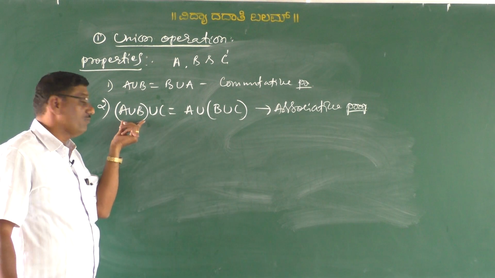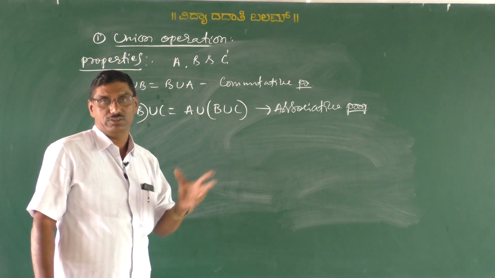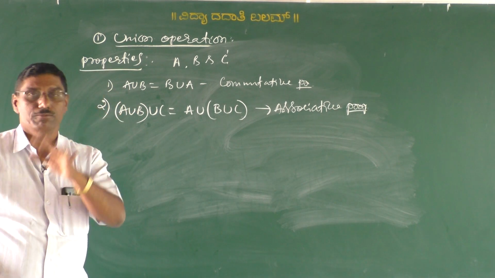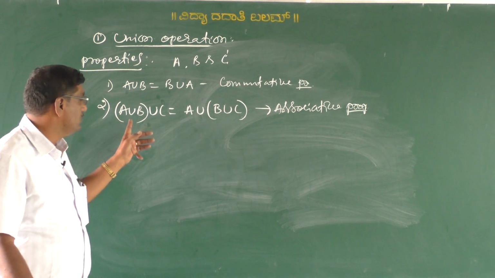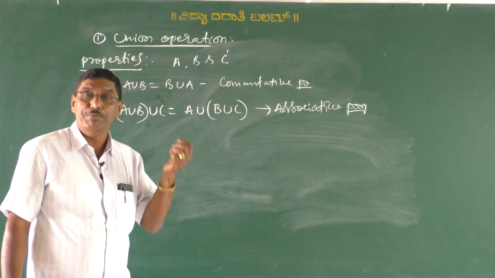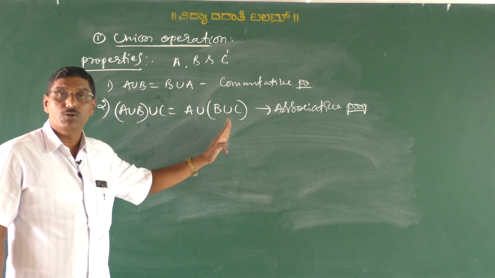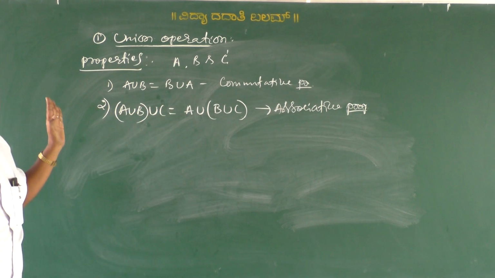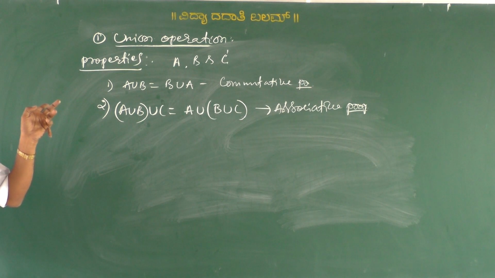Here we grouped the first two sets, here we grouped the last two sets, but the result in both cases must be the same. If I take examples for sets A, B and C, then we can prove LHS is equal to RHS in both cases, my dear students.